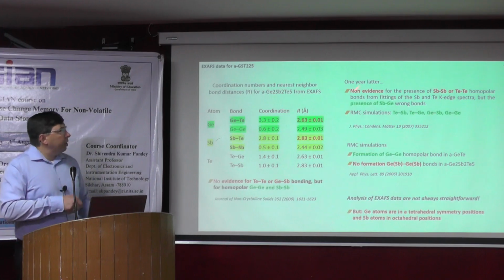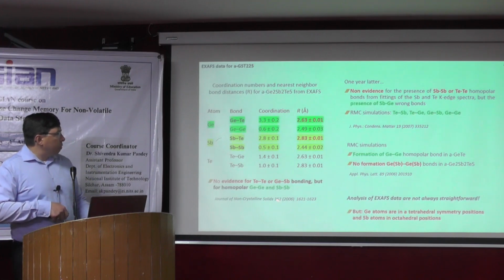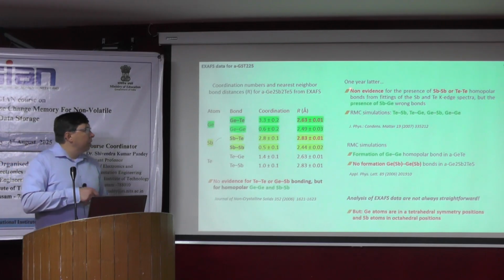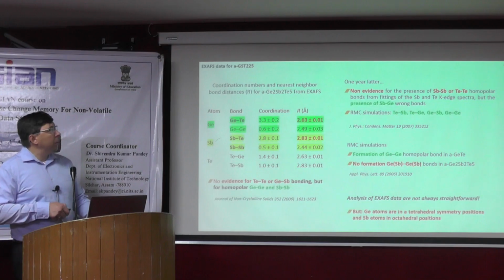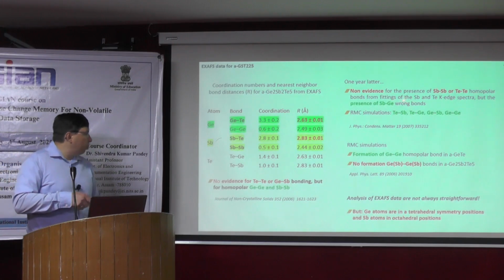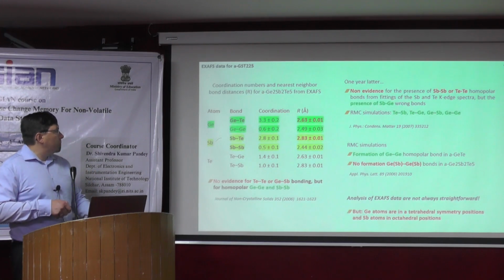But one year later, there was a publication in 2006. In 2007, another group stated that there is no evidence of the presence of antimony bonds, although they found these antimony bonds here, and also no tellurium bonds, so they confirmed this, and also they found the presence of germanium-antimony wrong bonds.